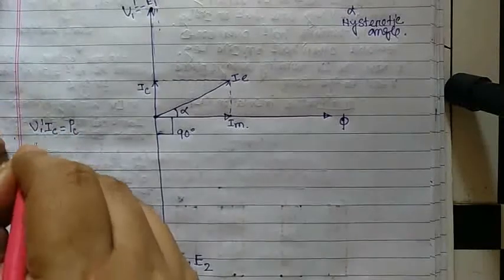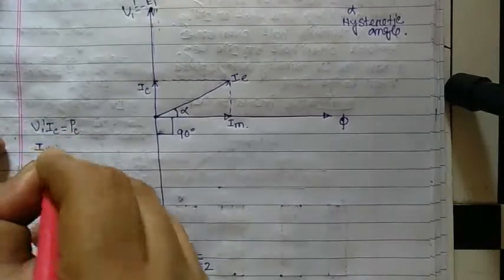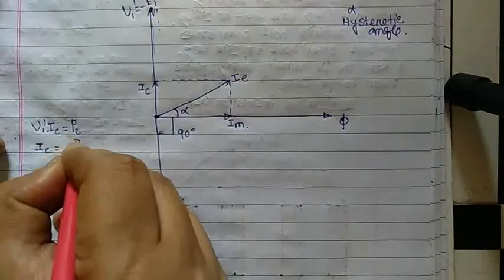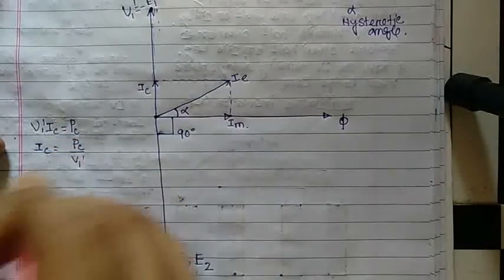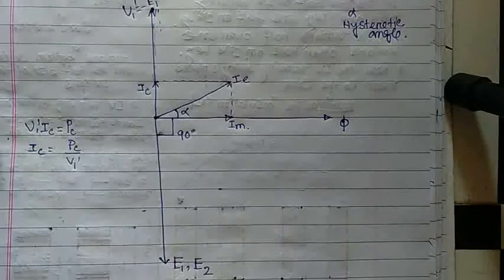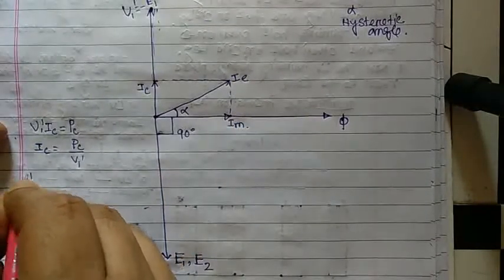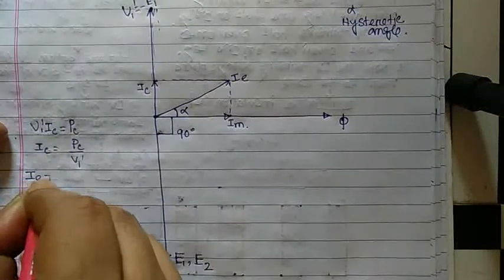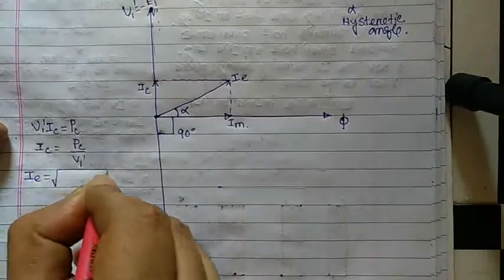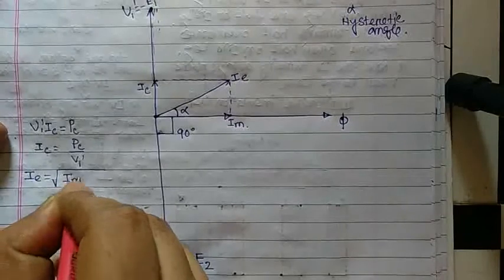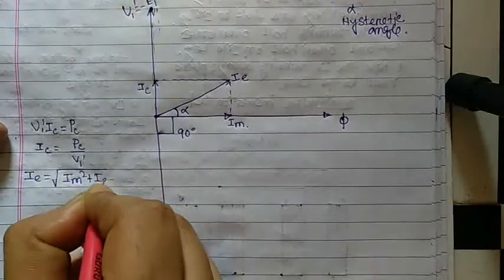So IC is PC by V1 dash, and from this figure we again say that the exciting current IE is equal to root over of IM square plus IC square.